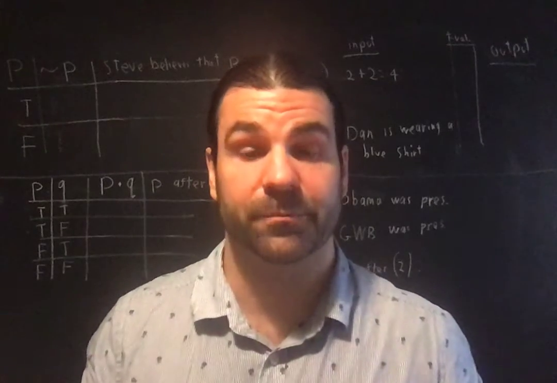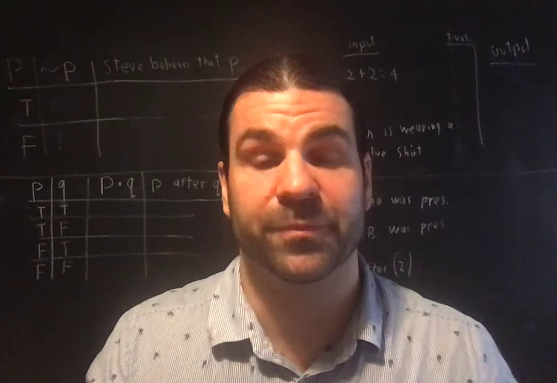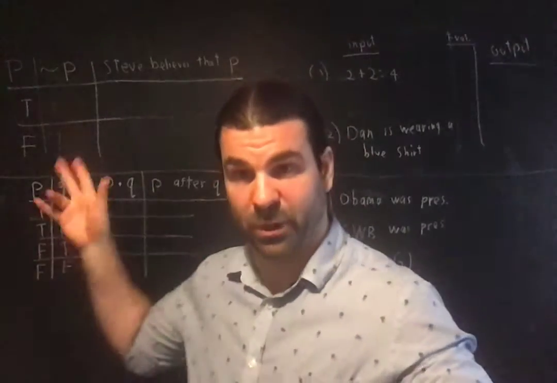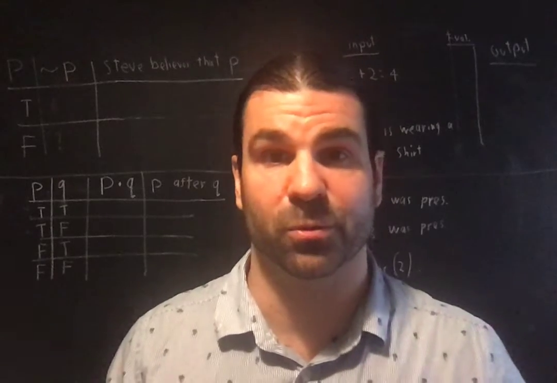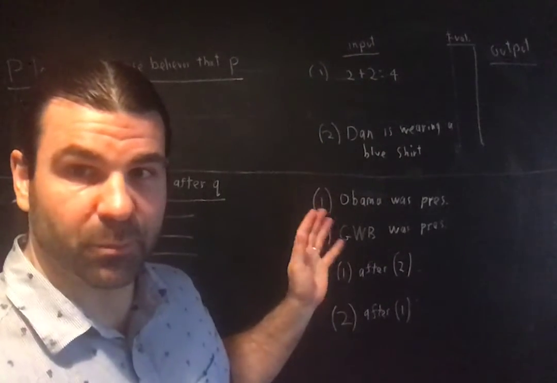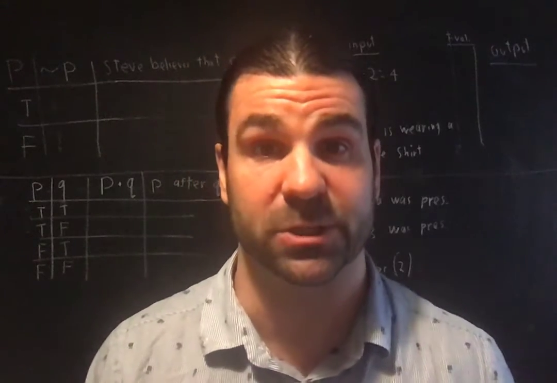What does that mean? This is the crucial definition, and what I'll be doing in the first few parts is showing you how to prove that a sentential operator is not truth functional.